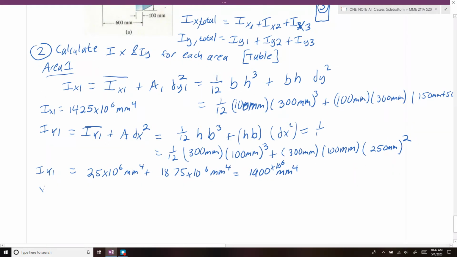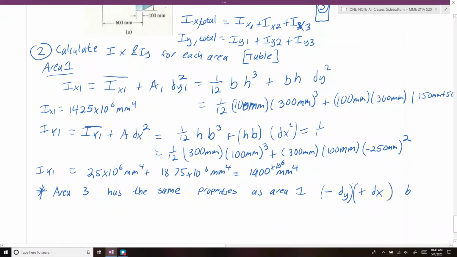Alright, so the one thing I will mention here is that area 3 has the same properties, or same shape really, as area 1. The only thing is that they have a negative dy term, and they have a positive dx term. It's the only difference between the two sections.